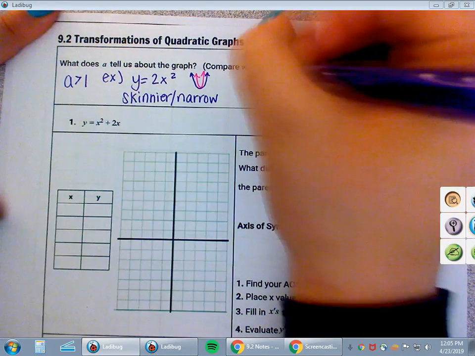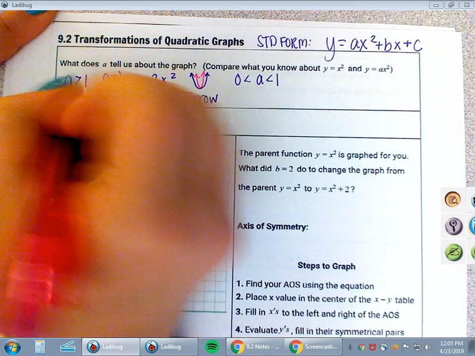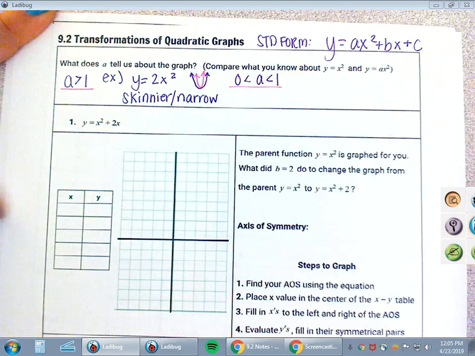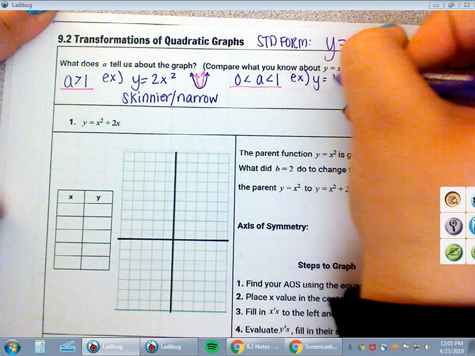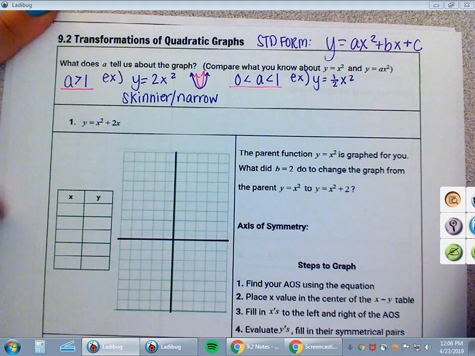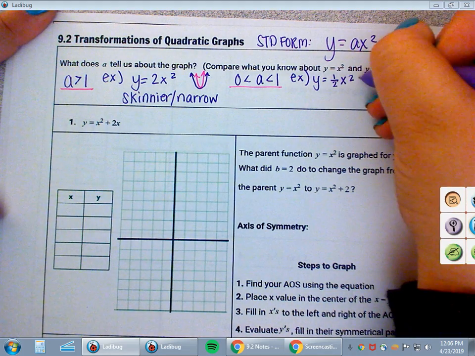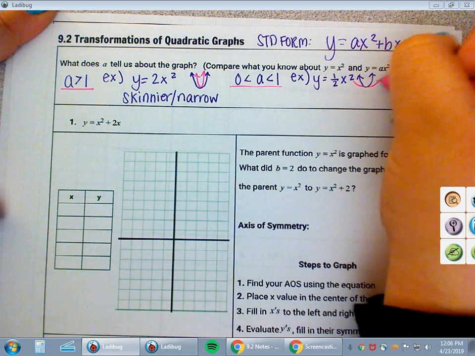Another thing that could have happened was A was in between 0 and 1. And if that was the case, for example, like y equals 1/2 x squared, our graph would have gotten wider.